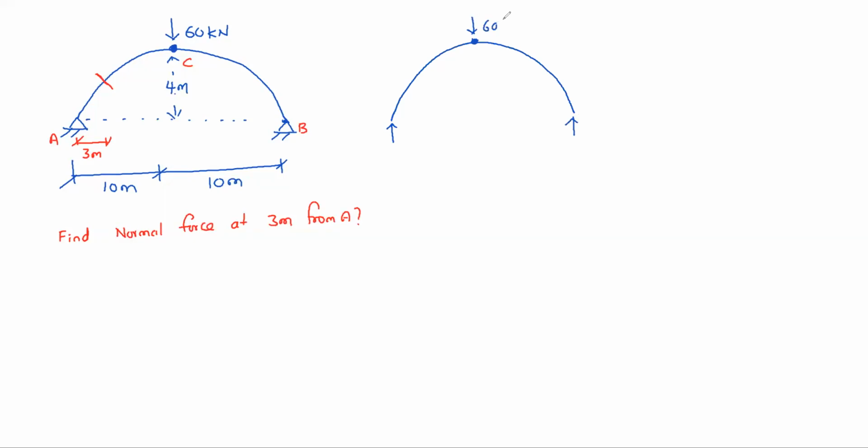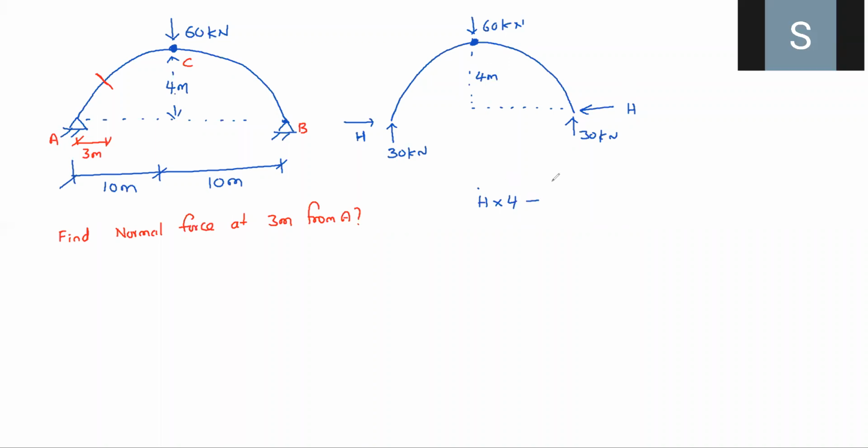So for this 60 kilonewtons, because of symmetry, 30 kilonewtons, and let us assume this is H. So one more condition is there, the hinge condition. At the hinge, bending moment is 0. So bending moment is 0 means H into 4 meters, clockwise moment, and anticlockwise, minus 30 into 10 equal to 0, right?